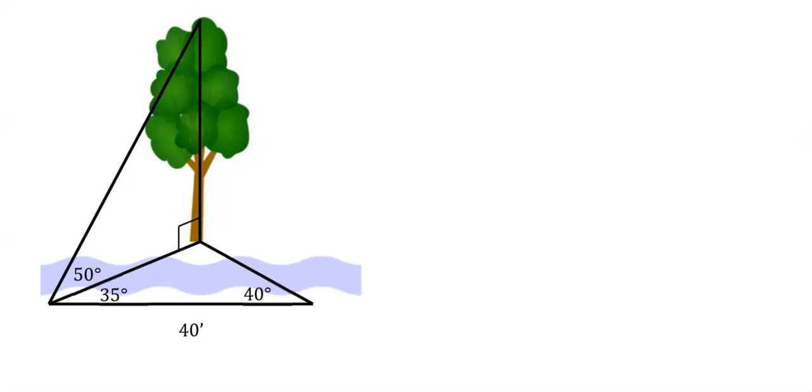And then you'd have to have a way of making sure that you walk straight across, but that would be easy to measure. You can measure the 40 feet across here with a tape measure or by counting steps or something. And then you'd have to find a way to measure the 35 and the 40 degrees accurately, but I think you could do that. Again, even with a protractor and some kind of thing pointing at the tree.